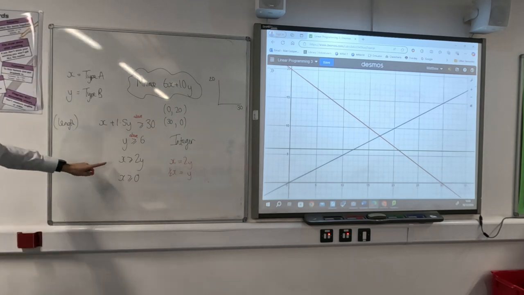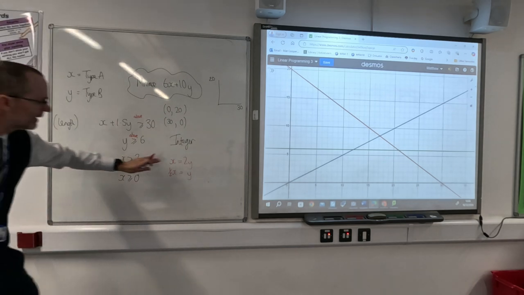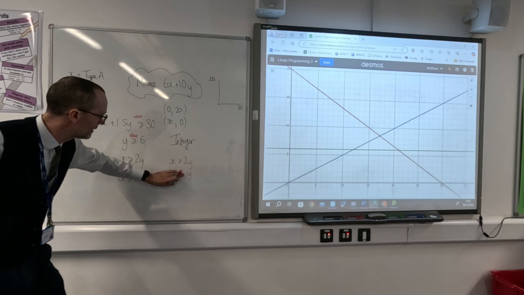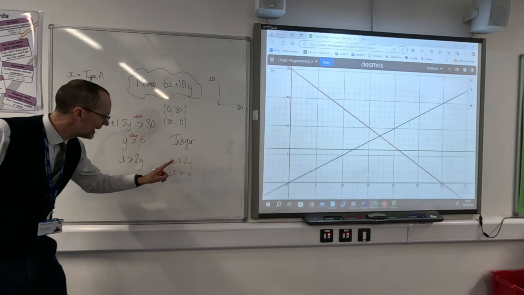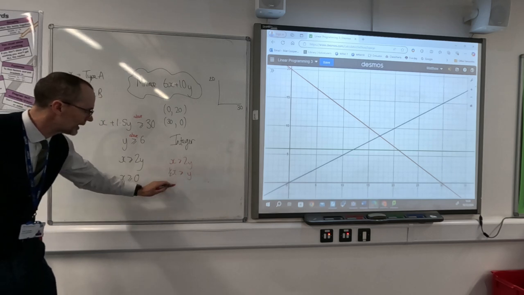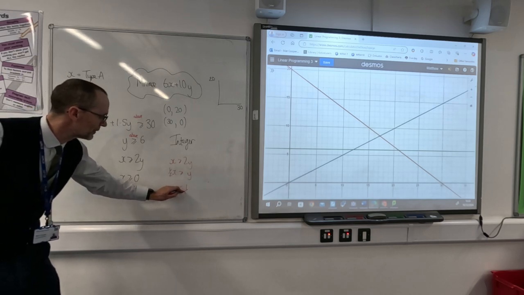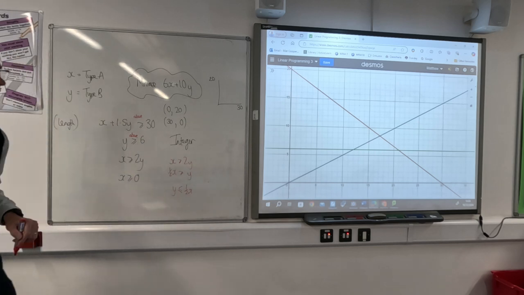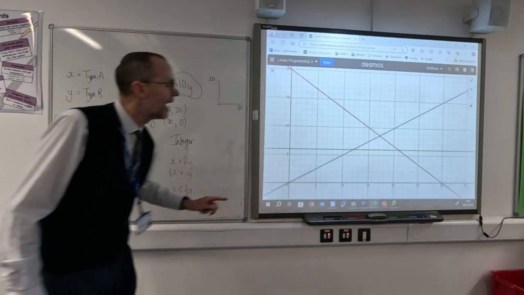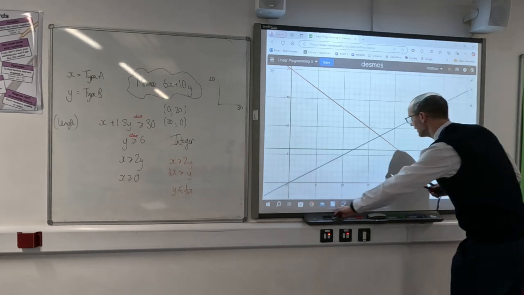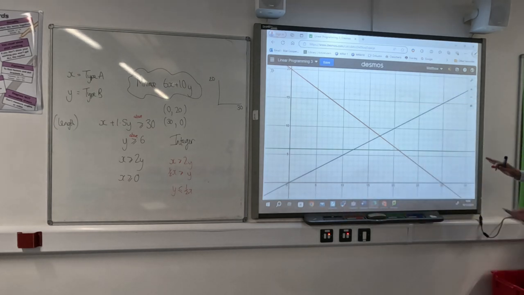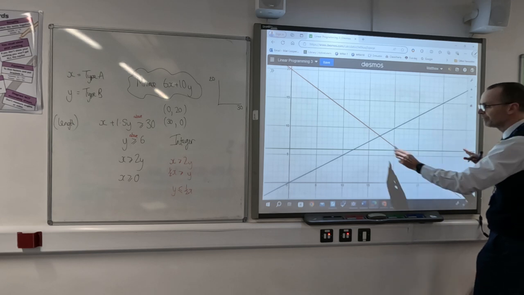Now, you've got to be careful here. If I plot y equals a half x, it's actually where y is less than or equal to a half x, isn't it? Flipping that around, I need to be underneath the blue line. So my feasible region is above the green line, above the red line, underneath the blue line. So it's this region here.